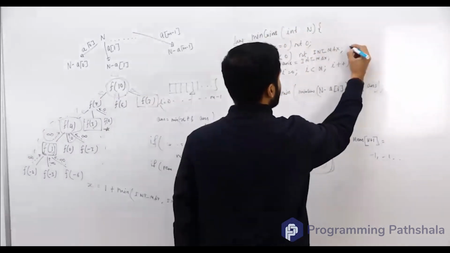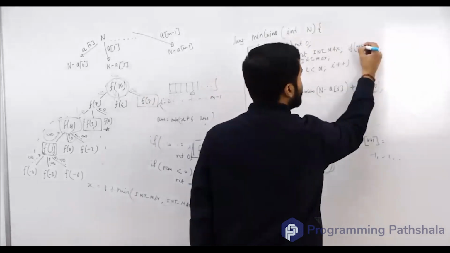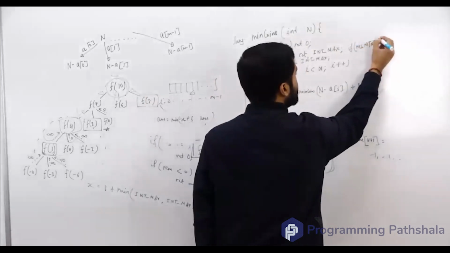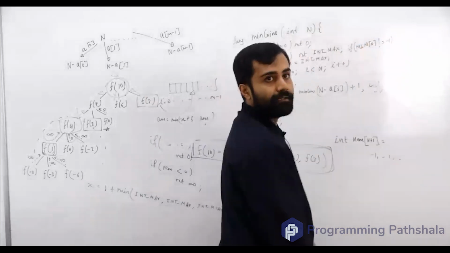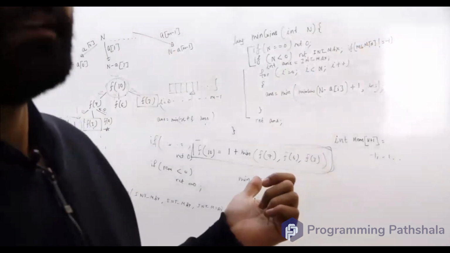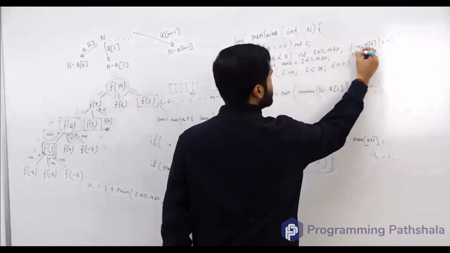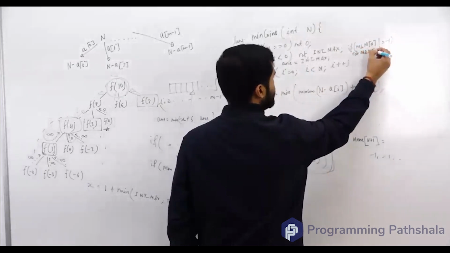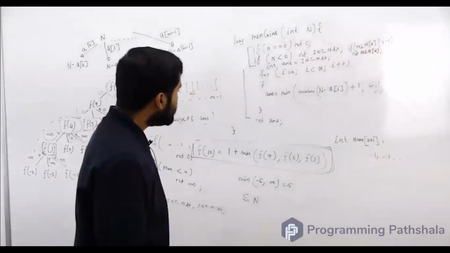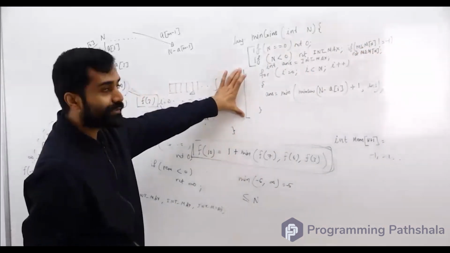So after this line, you can write if mem of n not equals to -1, then you can just return mem of n, right?